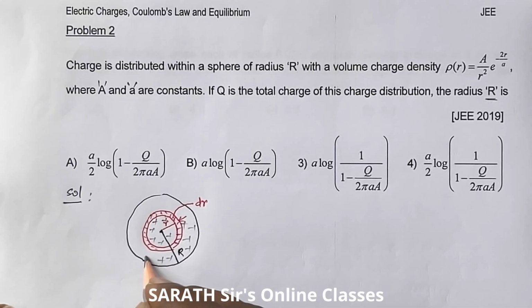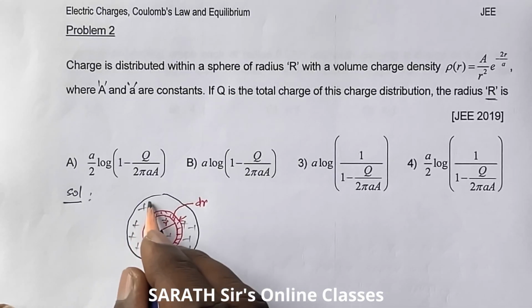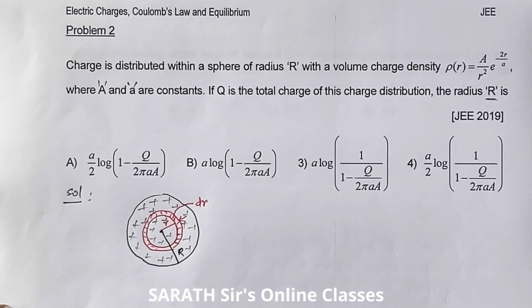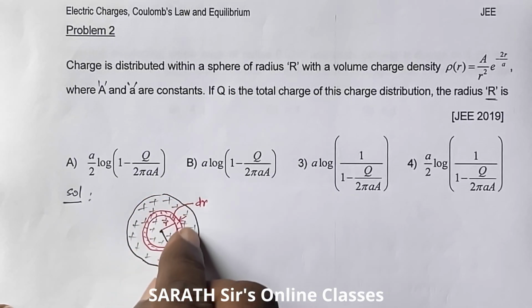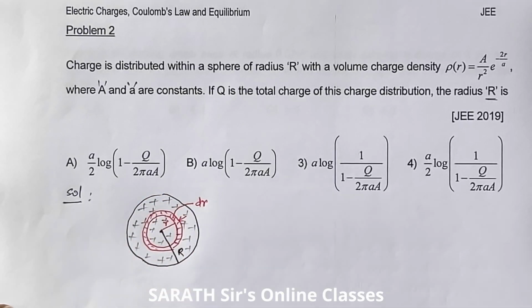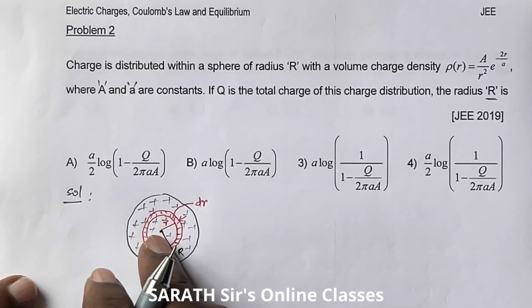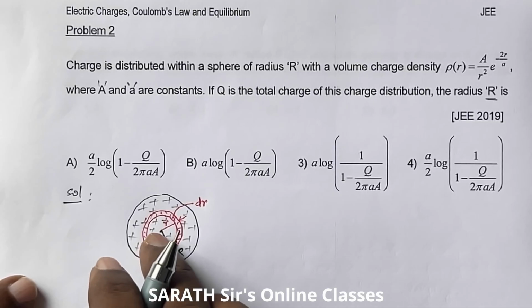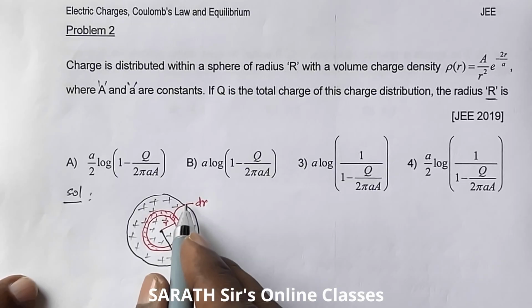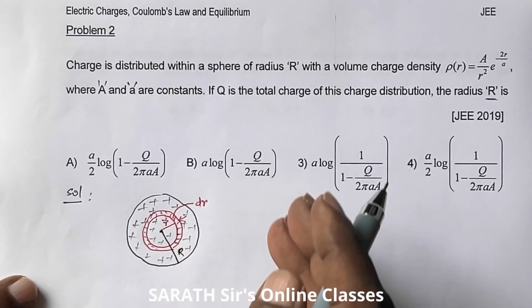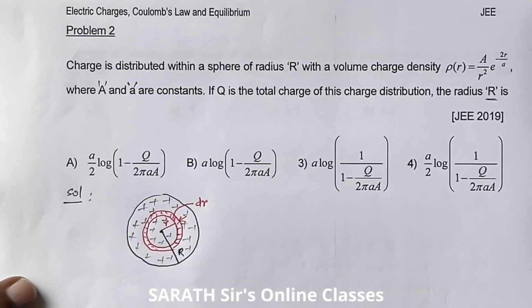Whenever the charge density increases, the magnitude of the electric field also increases. So if you go away from the center, the charge density goes on increasing, and the electric field also goes on increasing. Anyhow, we know that in a non-conducting sphere, the electric field changes linearly from the center to the surface. After that, it exponentially decreases.